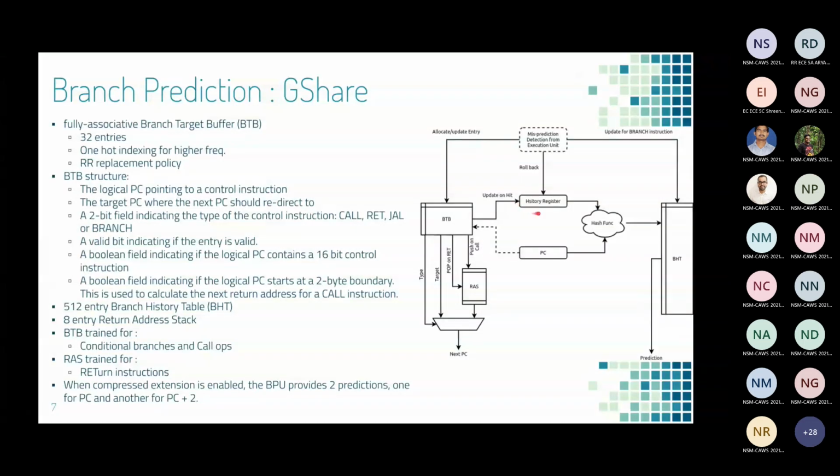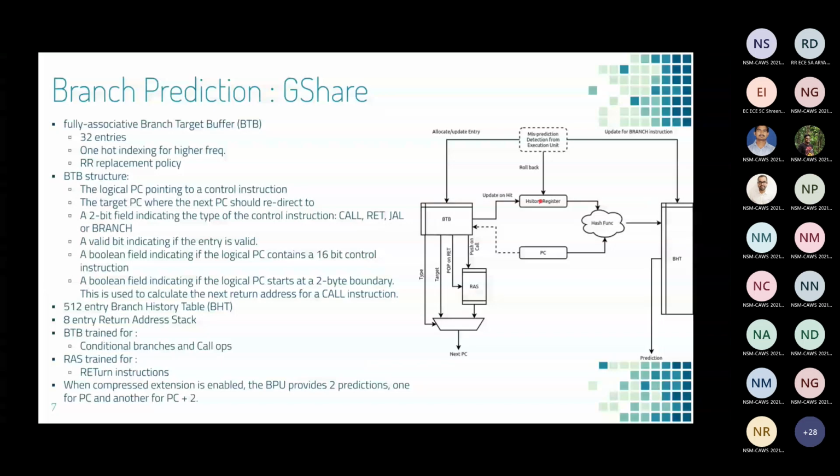Right? Now for this pattern to repeat so that I can predict it correctly again takes a little more time than a local predictor does. Because this pattern to come back, it's a shift register, right? The first branch comes in, I predict, okay, taken, and I put in a 1, or it evaluates to taken. I put in a 1 here, and then I shift it. Then the next branch comes, I put in whether it's taken or not taken, a 1 or 0, and then I shift it.